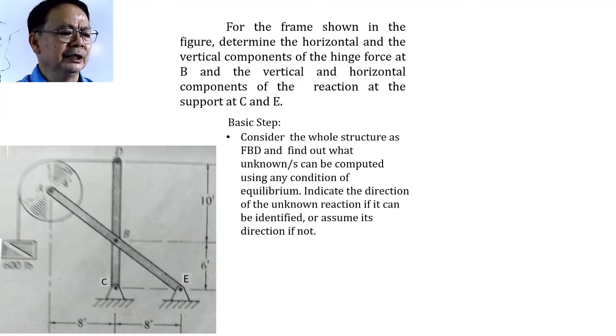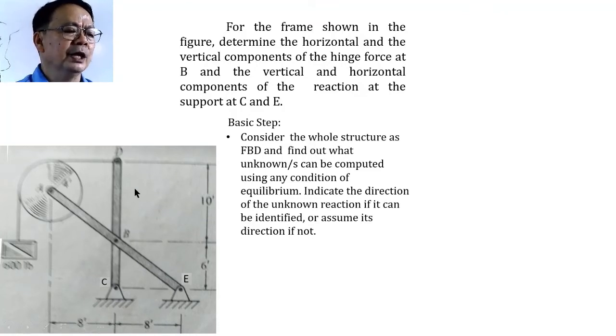So kung titingnan natin itong A, B, E na member, because these are forces acting at A, at B, and at E, therefore we would expect that that member is a three-force member. And hence, that member will be subjected to bending.